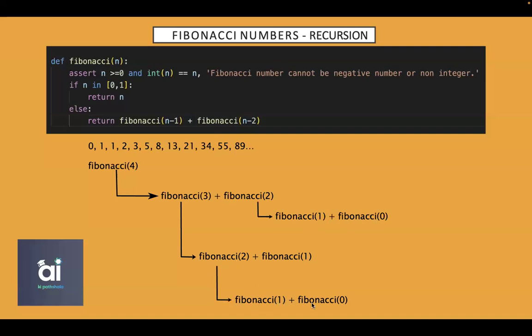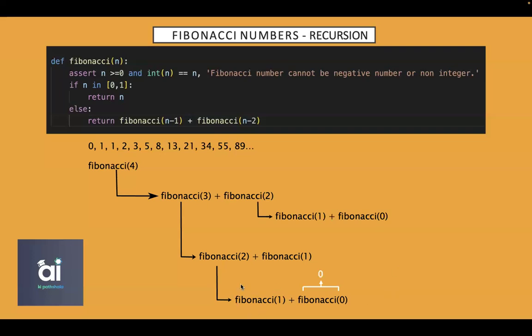Now we know that we have the return value for Fibonacci 0 and Fibonacci 1 because from the function you can see if n is 0 or 1, then it will return, and that means if n is 0, then it shall return 0, and if n is 1, then it shall return 1. So here this Fibonacci 0 is going to return 0.